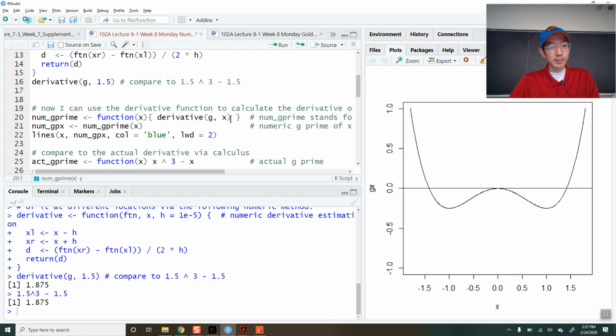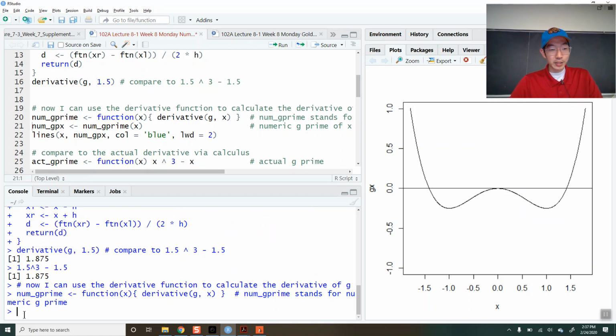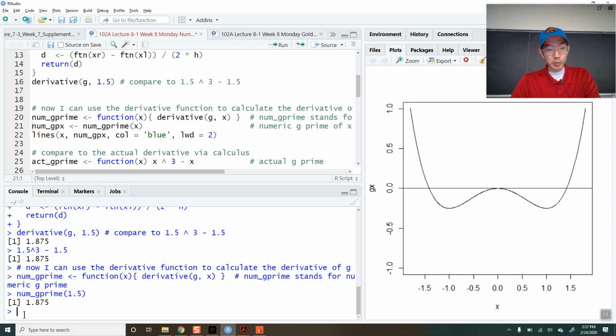So here I can just say what is the numeric g prime of 1.5, and it gives me 1.875. So now I've simplified it to one input in and one output out. I don't have to continually specify g is the function that I want.